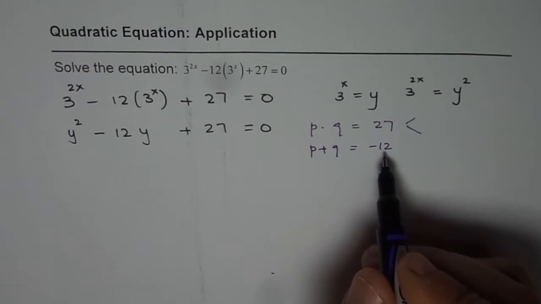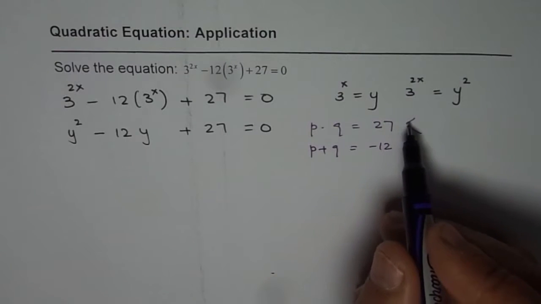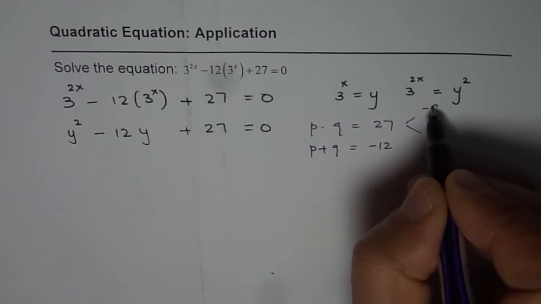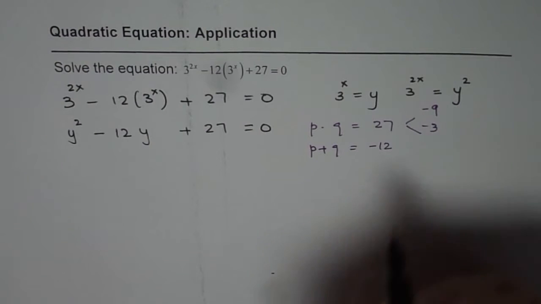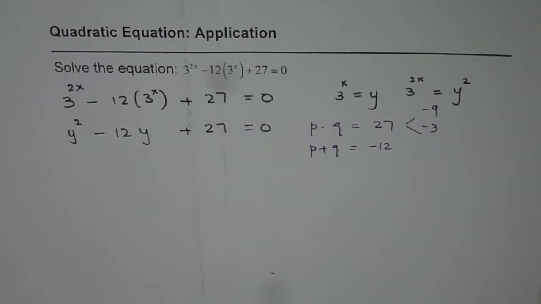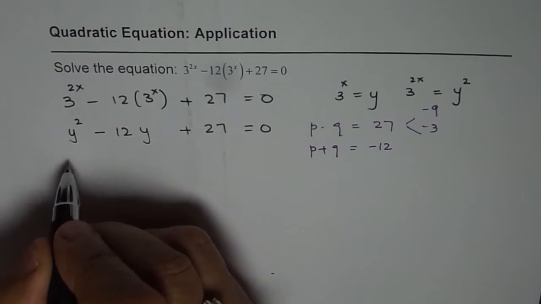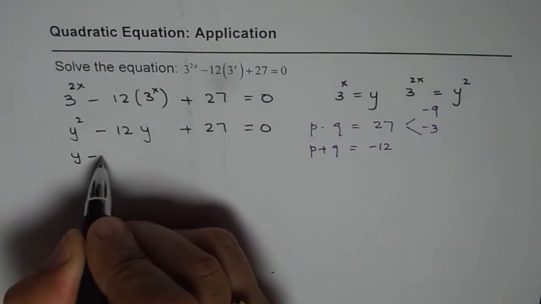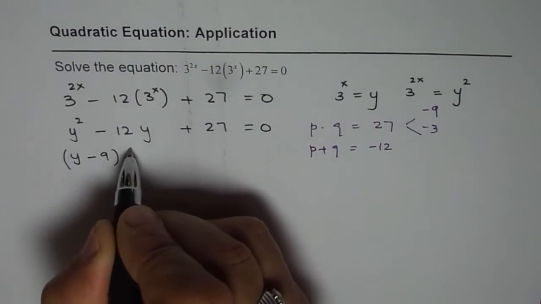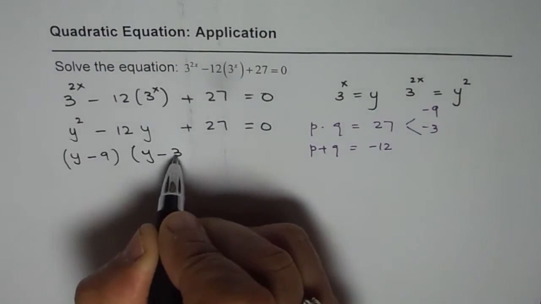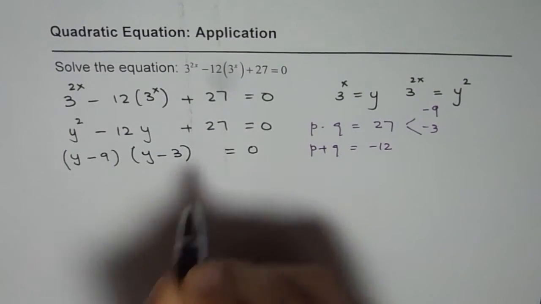So the numbers are 9 and 3, since 9 times 3 is 27, both negative. So we can now factor this as y minus 9 times y minus 3 equals 0.